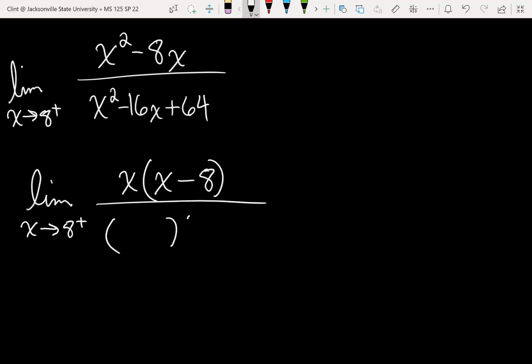On the bottom, factoring that trinomial, let's see, we need factors of 64 that give us 16. Oh yeah, 8 and 8. That'll work. Then we get a cancellation.